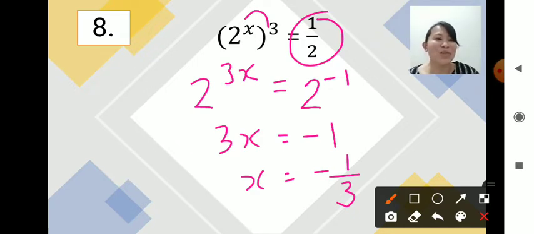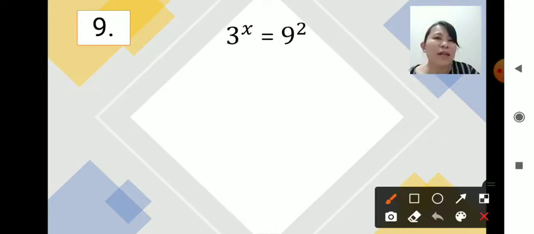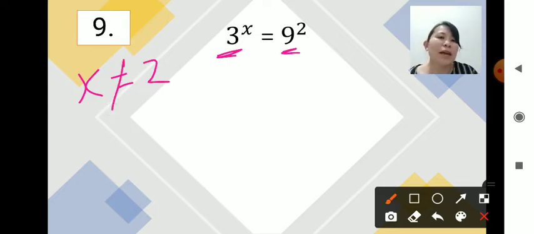Okay, the last question here. Now this is a little different. Okay, we have a base 3 here, but a base 9 here. So we cannot compare. We cannot say x is equal to 2 in this way. x is not equal to 2 because these numbers have different bases. So how do you have to change it? You have to change 9 into base 3.